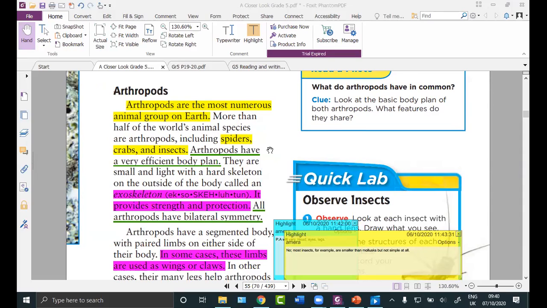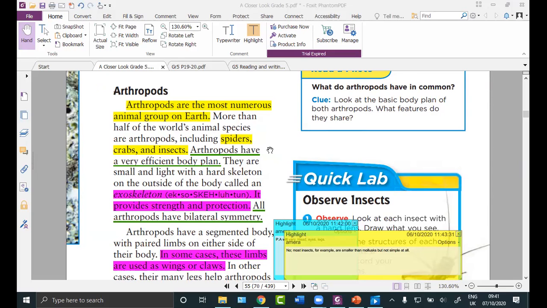Arthropods. Arthropods are the most numerous animal group on Earth. More than half of the world's animal species are arthropods, including spiders, crabs, and insects. Arthropods have a very efficient body plan. They are small and light with a hard skeleton on the outside of the body called an exoskeleton.